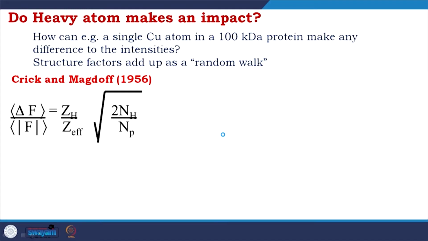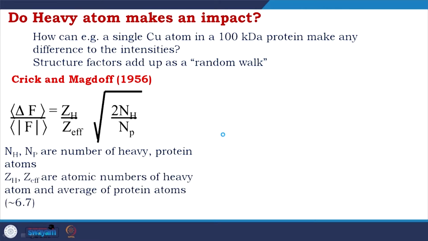Crick and Magdoff in 1956 calculated this, the change of structure factor, delta F by absolute value of F, equal to Z_H divided by Z effective, root over 2 N_H by N_P, where N_H is the number of heavy atoms, N_P is the number of protein atoms, Z_H is the atomic number of the heavy atom, and Z effective is the average of protein atoms, which is 6.7.